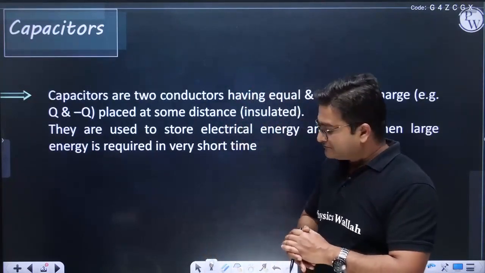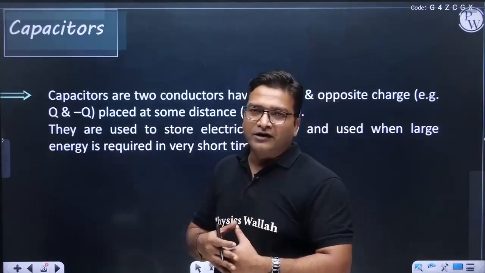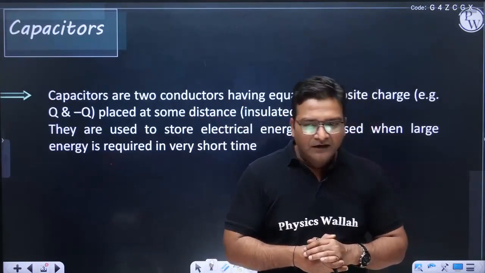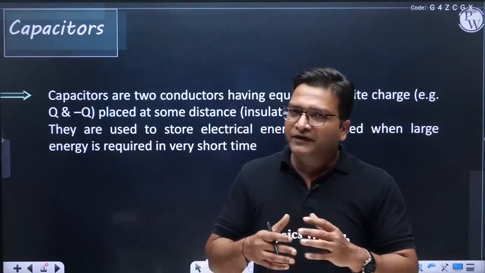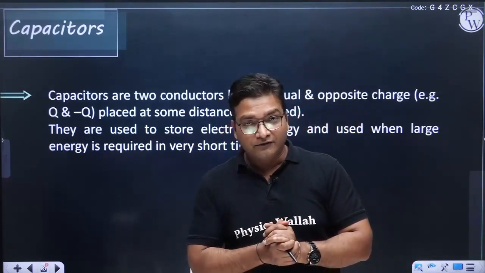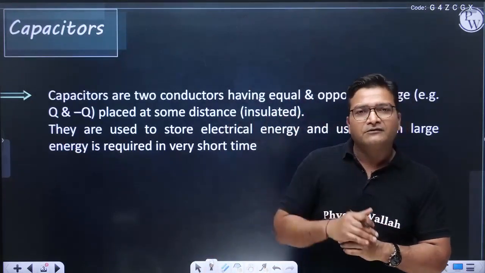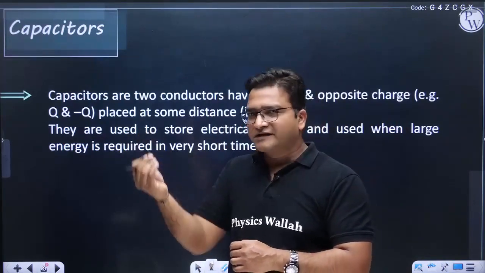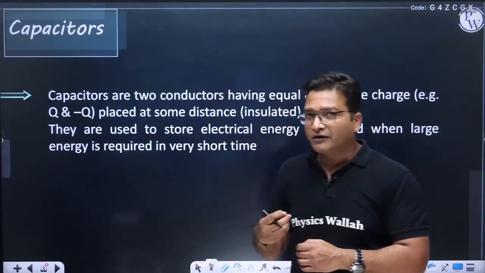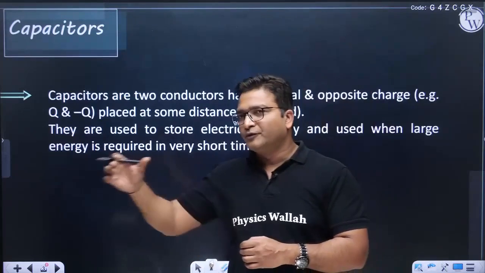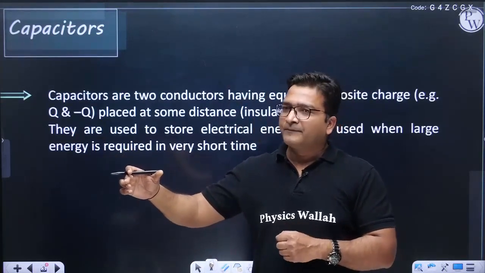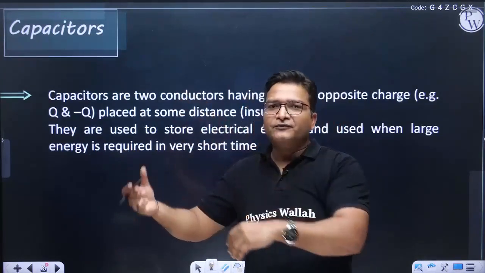So I think we got the idea. Let me take another example. Suppose we have a water purifier at home, and water is coming out. If you want to drink a glass of water, you just put your glass under the tap and wait, and when the glass is full, you drink it.